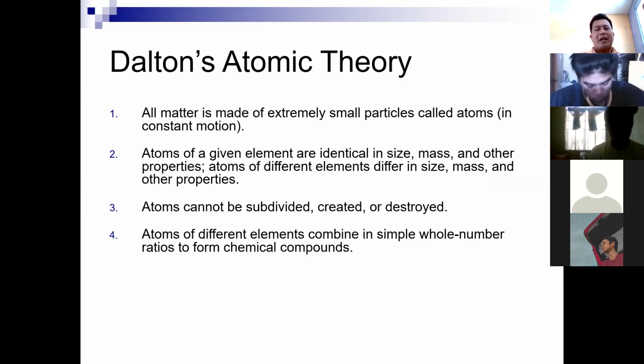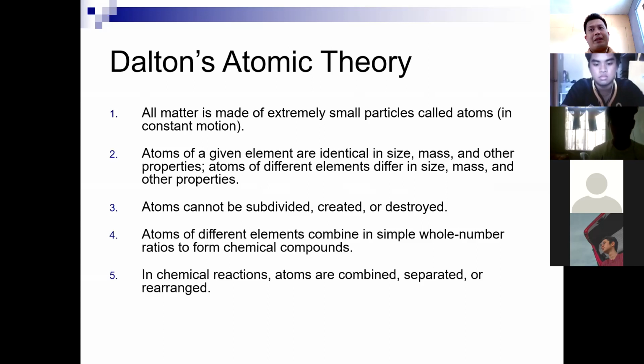As we move forward with balancing chemical equations, we'll then know for sure what this whole number ratio means, okay? Also, in the law of multiple proportions, you'll have to understand what these ratios are all about.